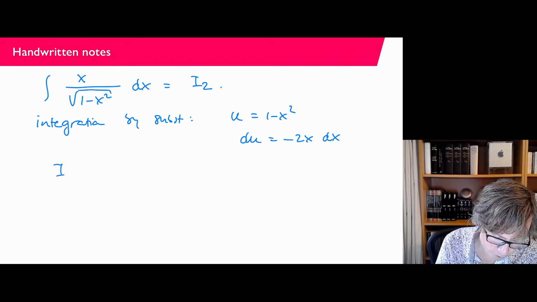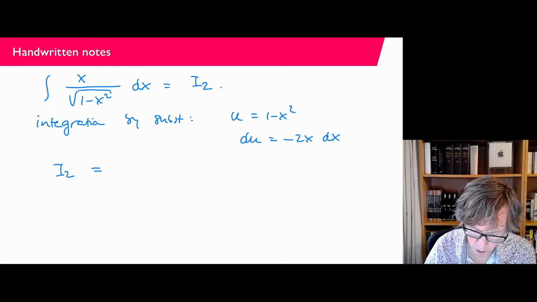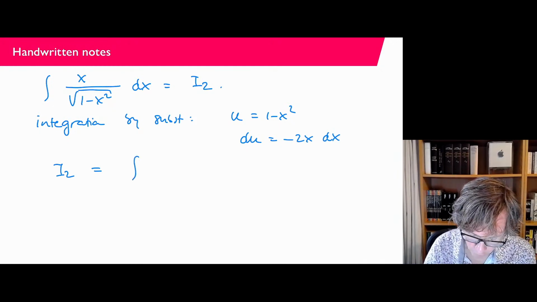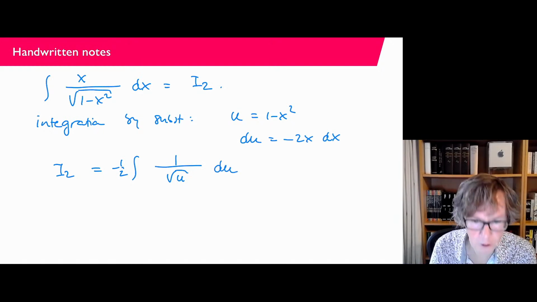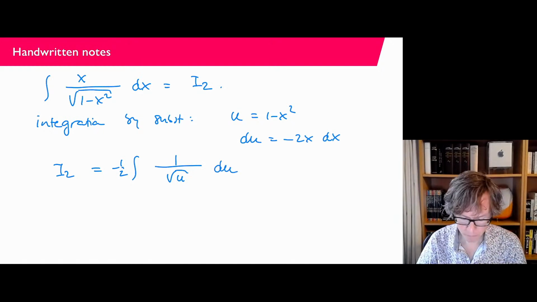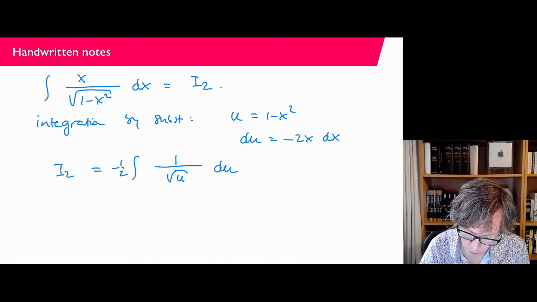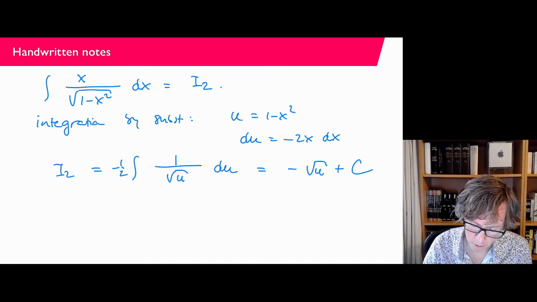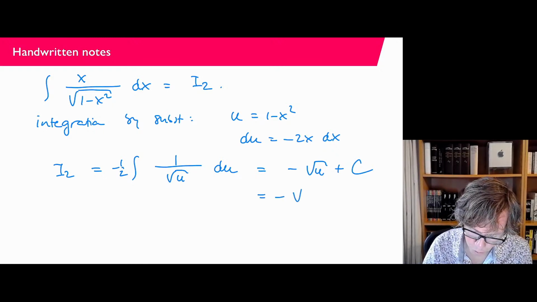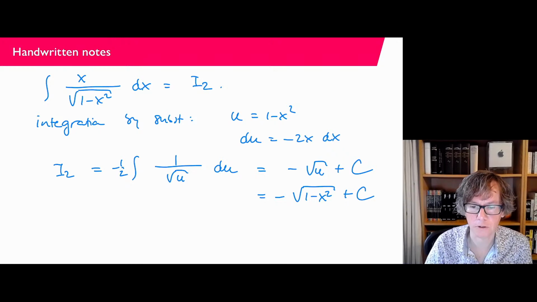And we find that apparently I2 equals integral, and then we have minus 1/2, I write that here, 1 over square root of u du. So the primitive here is minus square root of u plus some constant, which is apparently minus the square root of 1 minus x squared plus some constant.